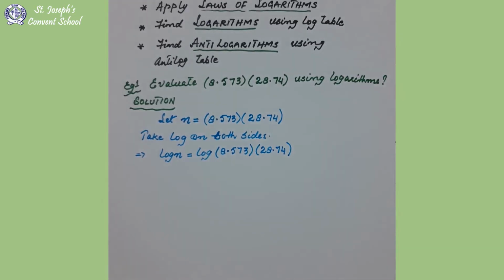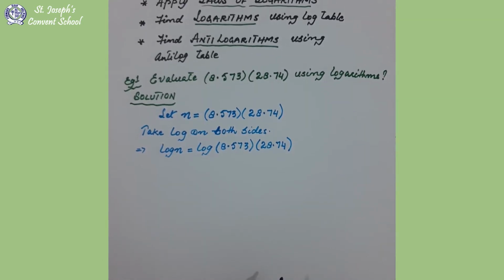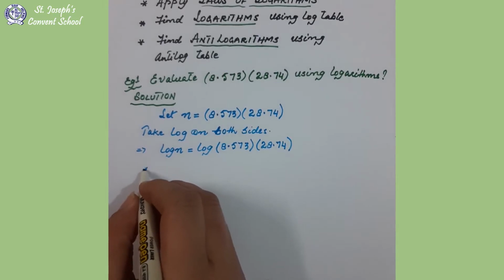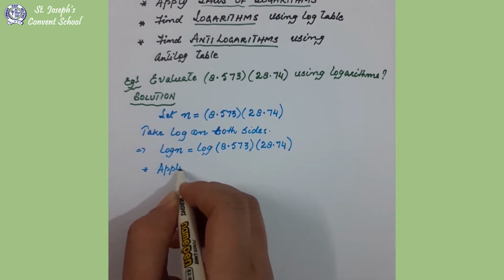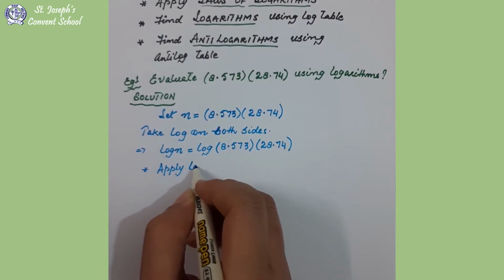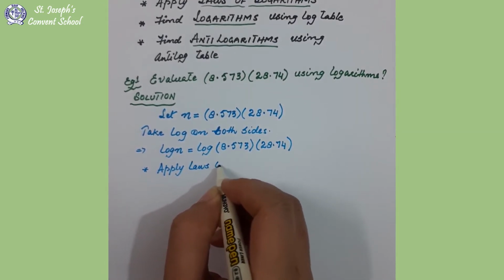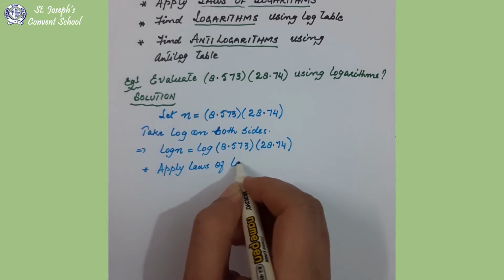So this is the question, and we have taken log on both sides. After taking log, now we will follow three steps. The first step is to apply the laws of logarithms.